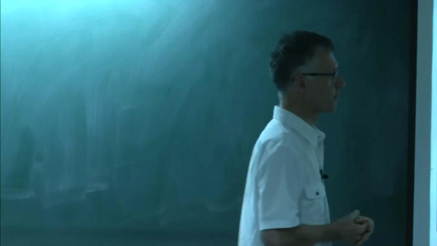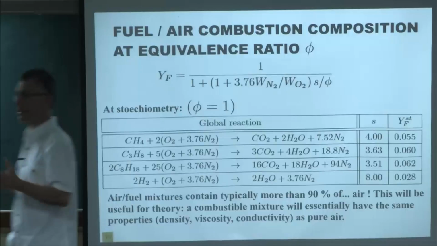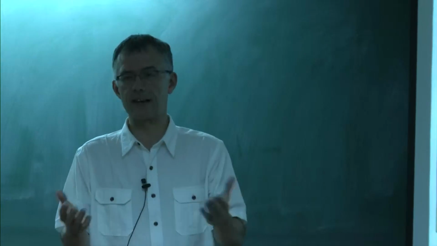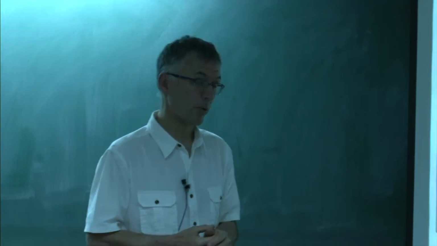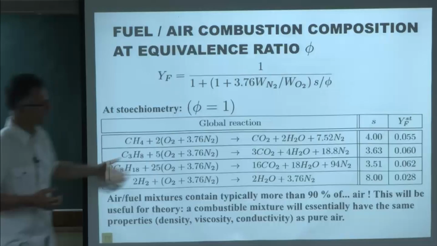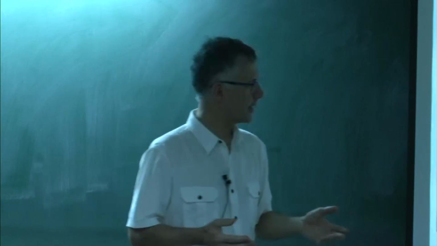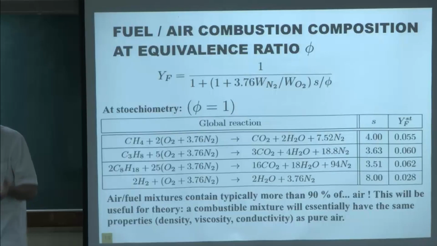That's an interesting property that we will use later. It means that if you prepare a stoichiometric mixture of air and fuel, it is basically air. Fuel doesn't play a big role in the composition. So if you want to compute the density, the diffusion coefficients or the heat diffusivity, in many cases we can say it's the same as air. That will be used a lot when we do theoretical approaches to simplify our problem.